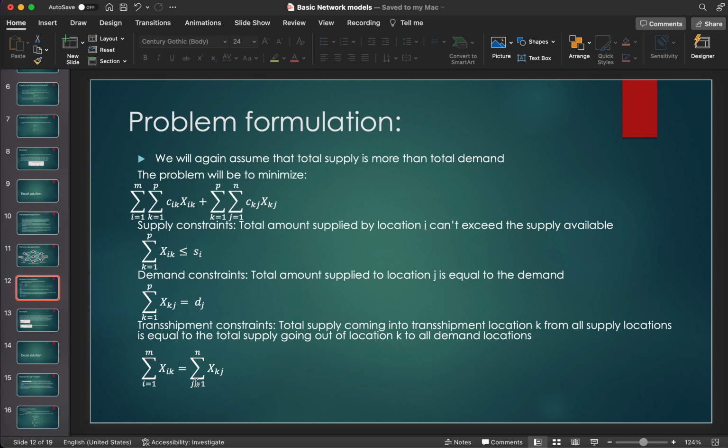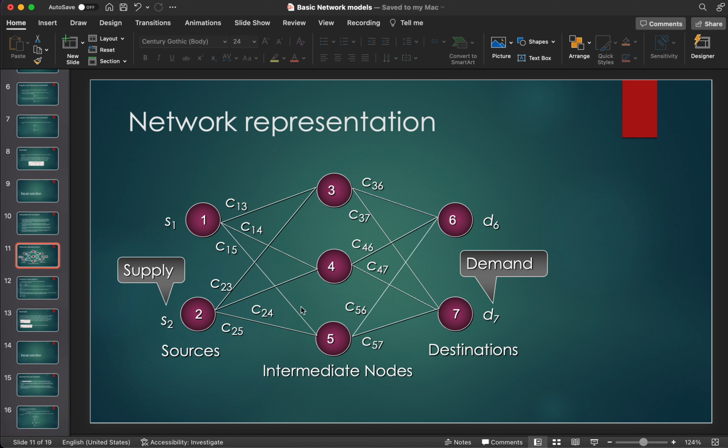So when you have your objective function, instead of just xij decision variables, we'll have xik, then xkj, where k will be the intermediate locations, i will be the supply locations, and j will be the demand locations, right?